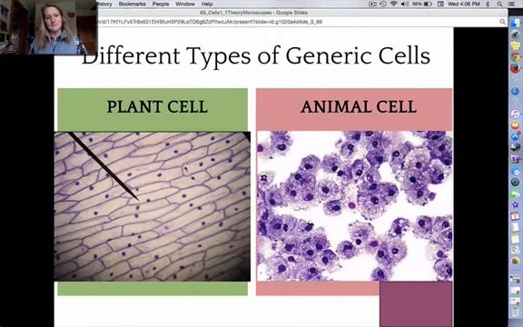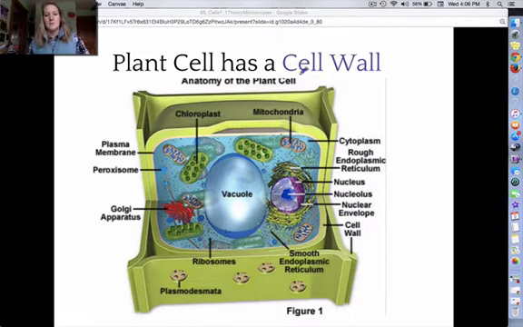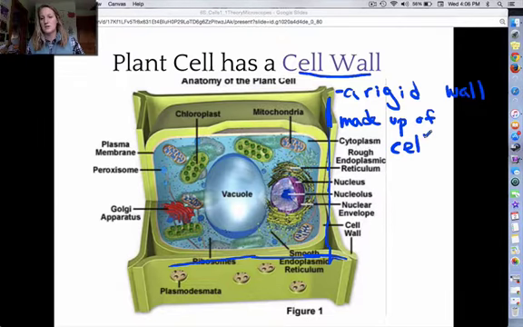So let's move on. So a plant cell has a cell wall. Okay, so big difference between a plant and animal cell is a plant cell has a cell wall. Okay, so here's the cell wall. Okay, and what it is is a rigid wall made up of cellulose.